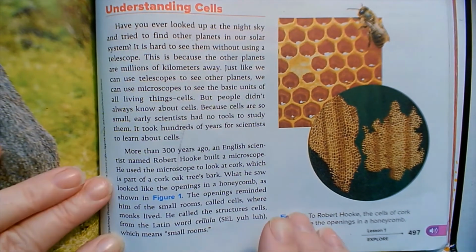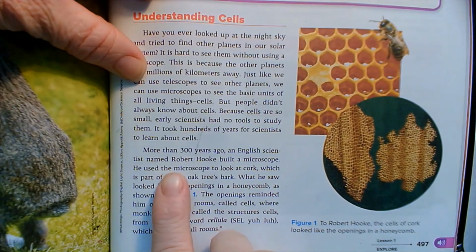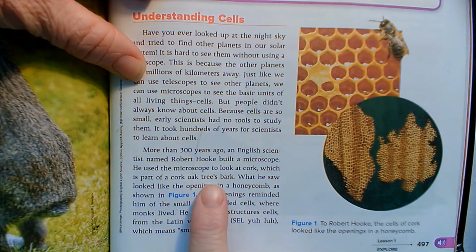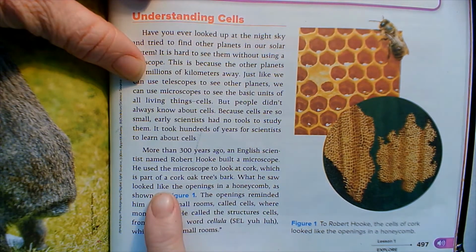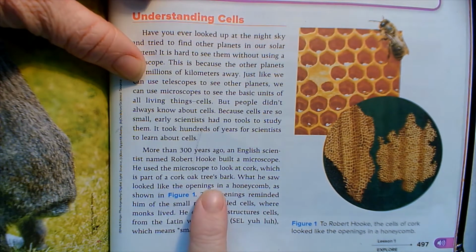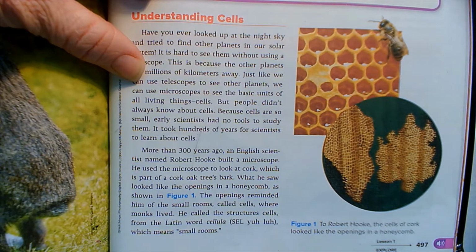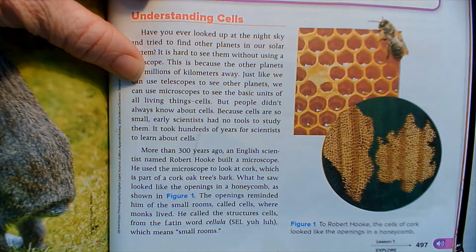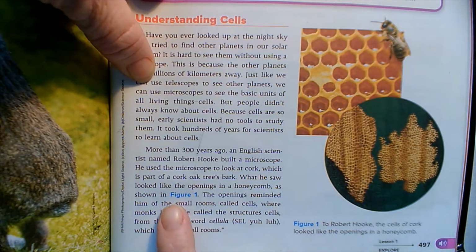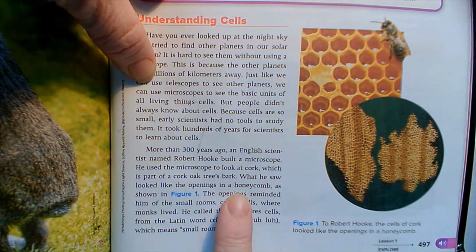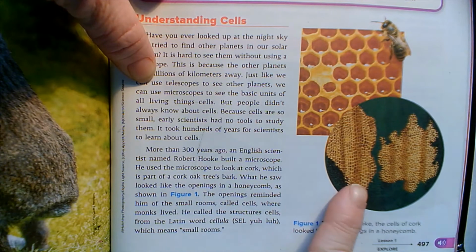More than 300 years ago, an English scientist named Robert Hooke built a microscope. He used the microscope to look at cork, which is part of a cork oak tree's bark, just like the corks that you find in a bottle. Okay, so looking at cork. What he saw looked like the openings in a honeycomb, as shown in Figure 1.